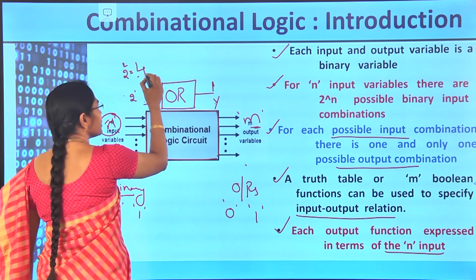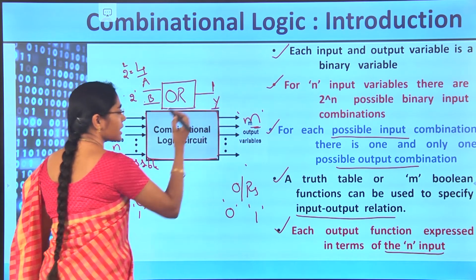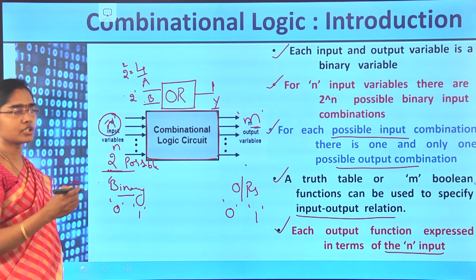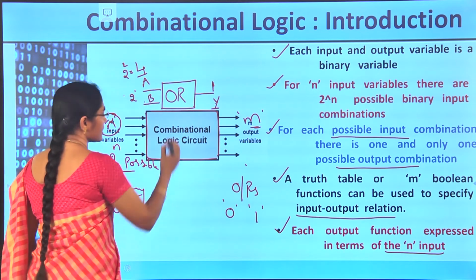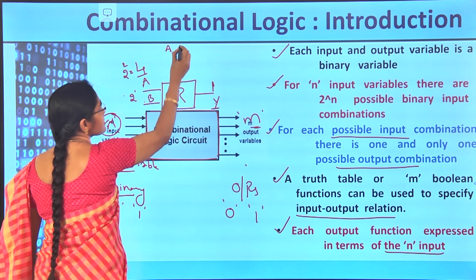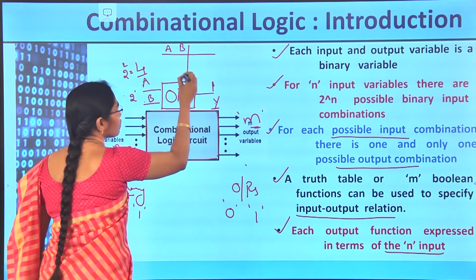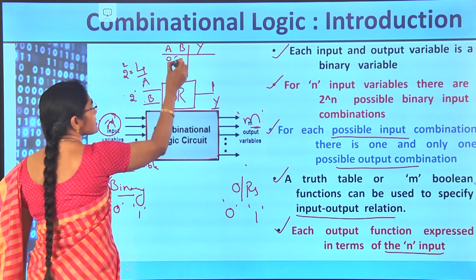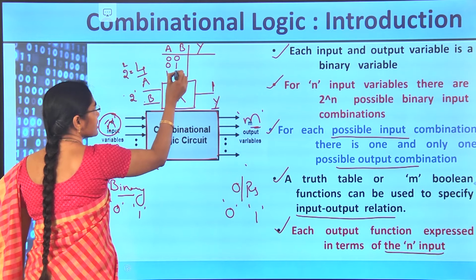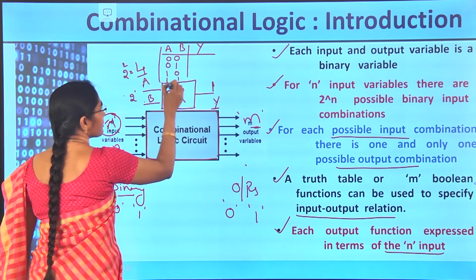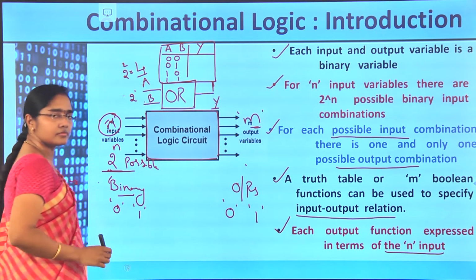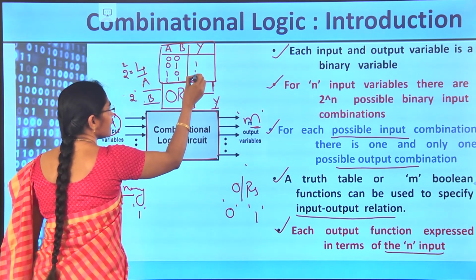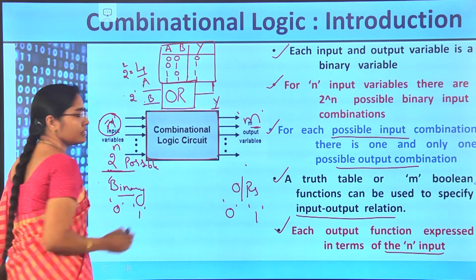The relation between these 4 input combinations and the output y can be represented with the help of a truth table. What is the truth table for this? The OR gate truth table has inputs and output, and since 4 combinations are there, 4 combinations will be represented. The OR gate definition is: if any one of the inputs is high, the output will be high.